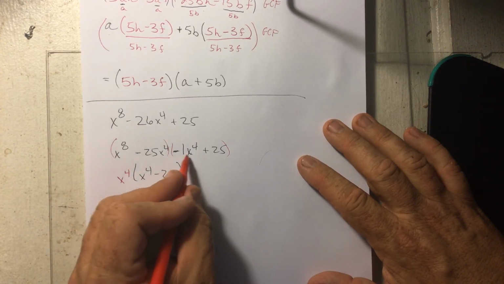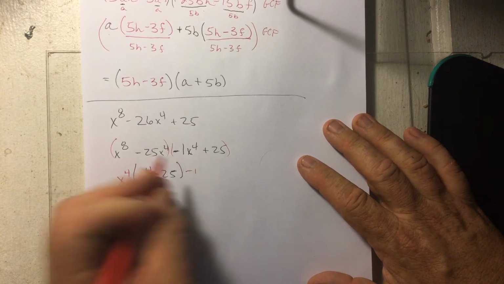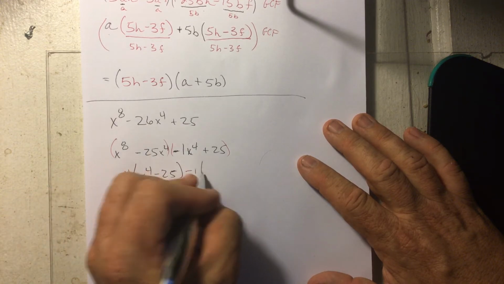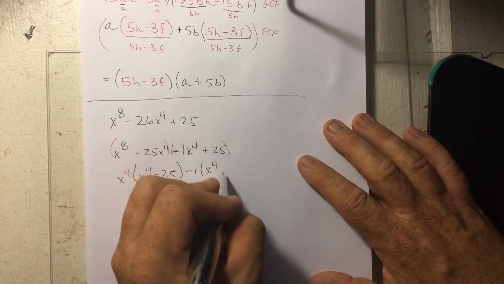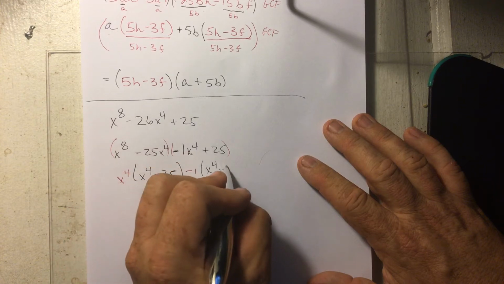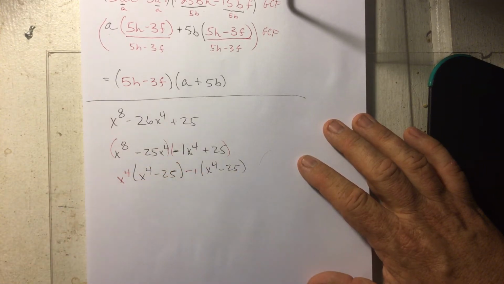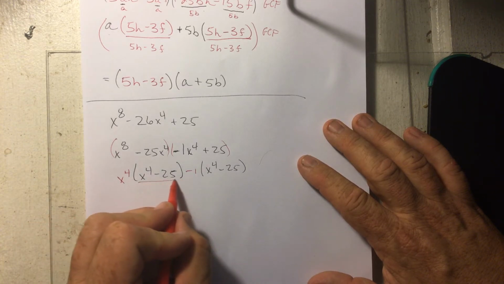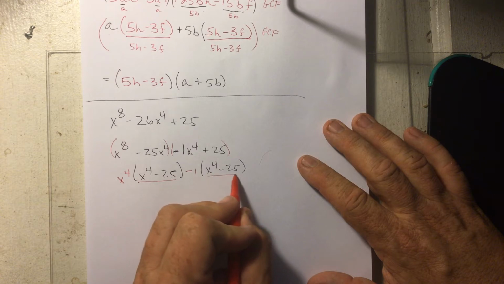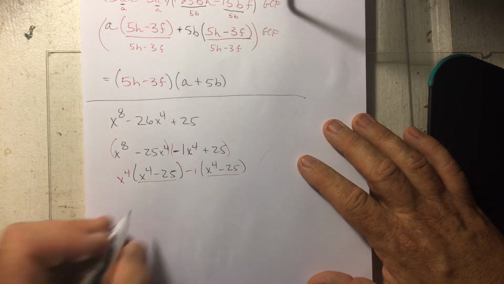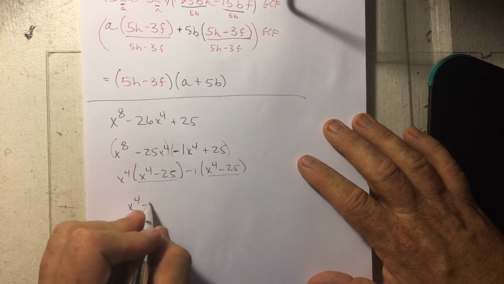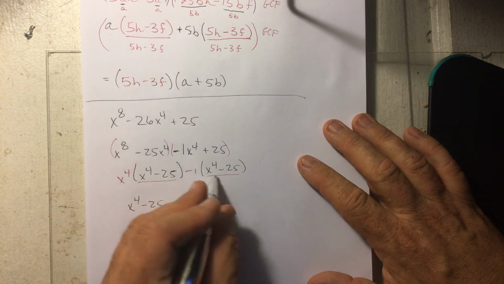And then I can take out a negative 1 out of this, and that gives me x to the 4th minus 25. So now here I can take out an x to the fourth minus 25 and an x to the fourth minus 25. So I get x to the fourth minus 25. That's my greatest common factor between there.